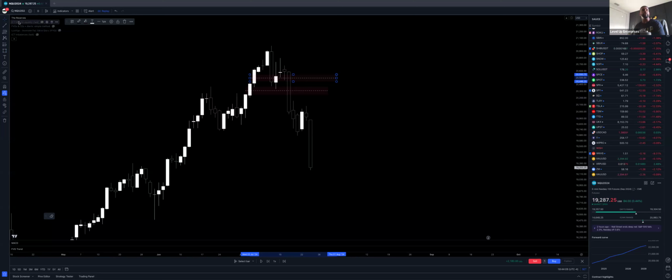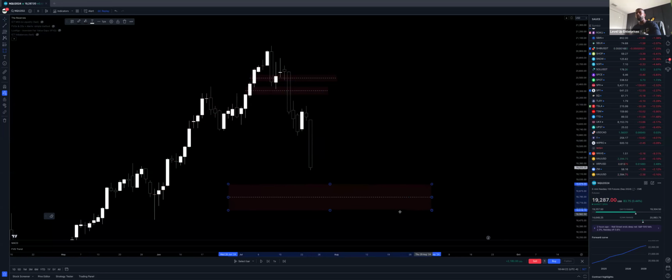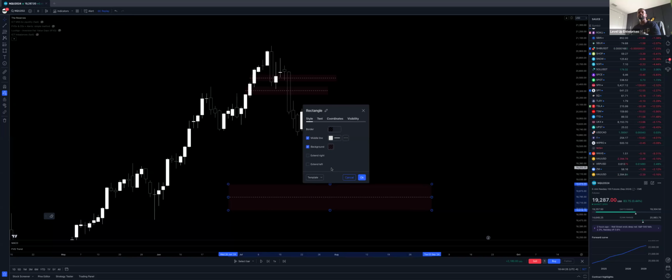Great question. So I use this one right here. Okay, so a couple of different things. If you want to do it yourself, just grab the rectangle, right? When you grab the rectangle, it's not going to have the 50%. I want you guys to double click and click on middle line. That middle line, I always make it white. Why?